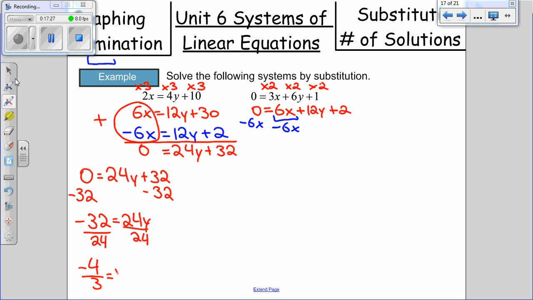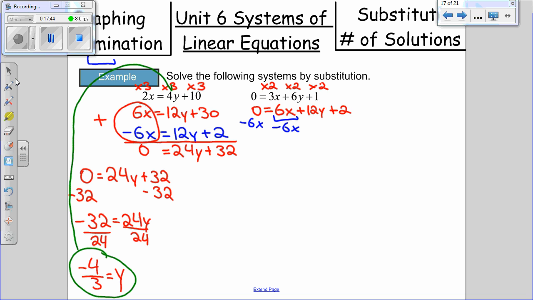All right, once you have an answer for one letter, you can substitute it back into an original equation. I'm going to substitute it into that first one.